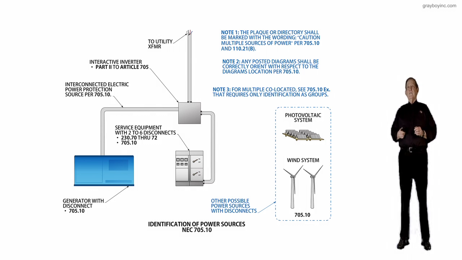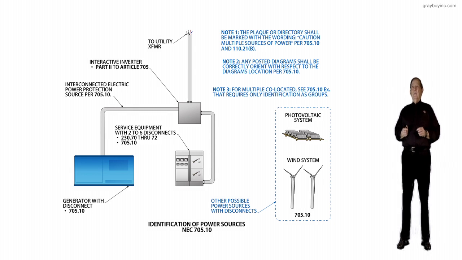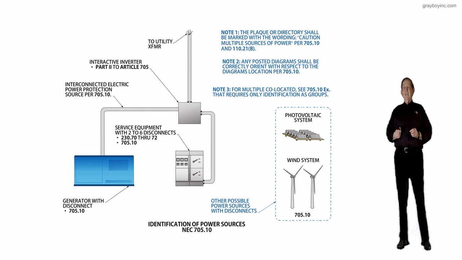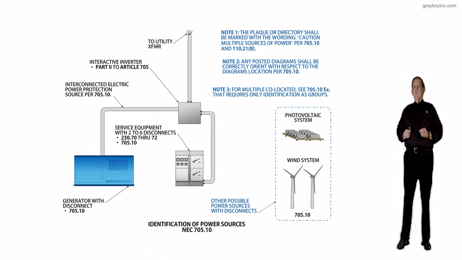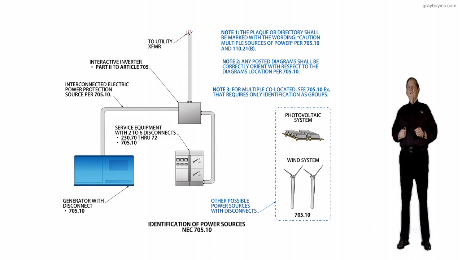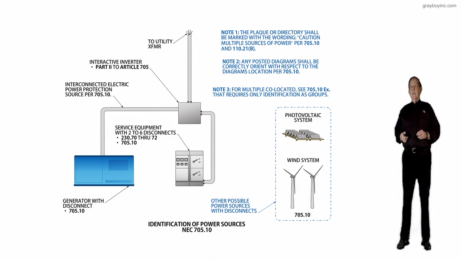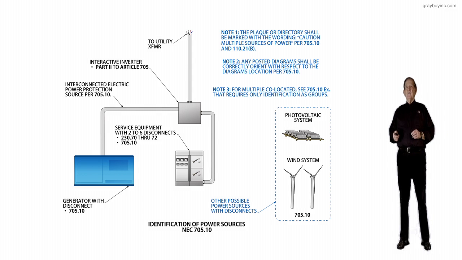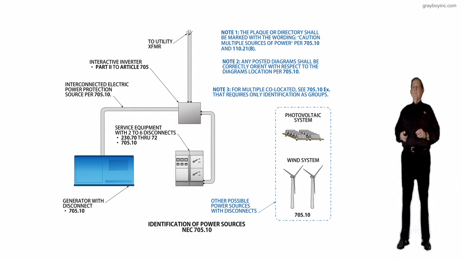And then notice note 2. Any posted diagrams shall be correctly oriented with respect to the diagrams located per 705.10. Note 3 now says for multiple co-located, see 705.10 exception that requires only identification as groups. Notice you may have a PV system in the boxed-in information that you see there.